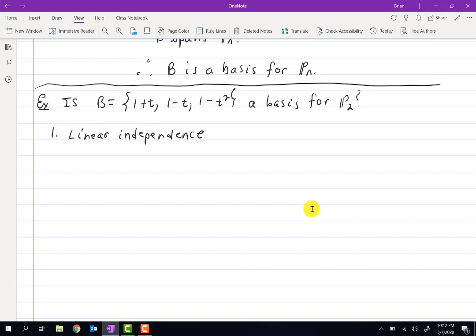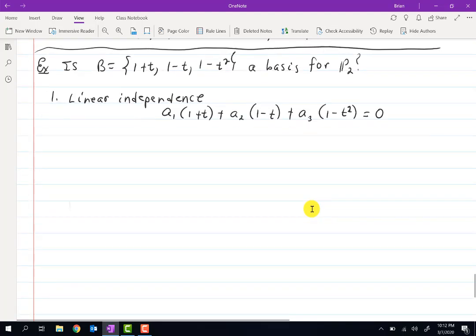I thought I would throw in another thing before we get to it, but let me suppose I have a1 times the first vector plus a2, these are scalars, times the second vector plus a3 times the third vector. Does that equal 0? What will a1, a2, and a3 be?